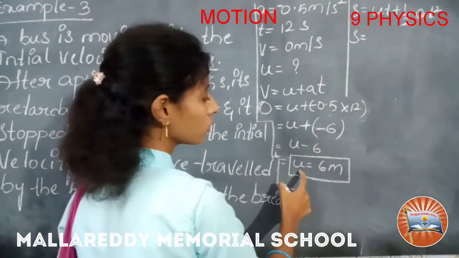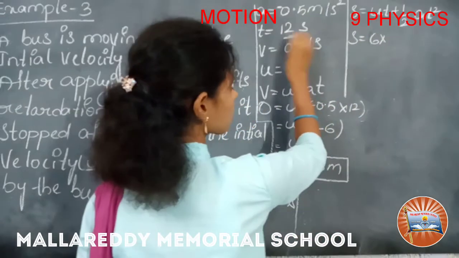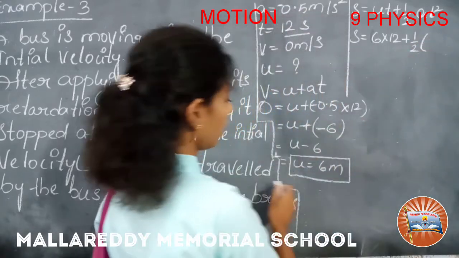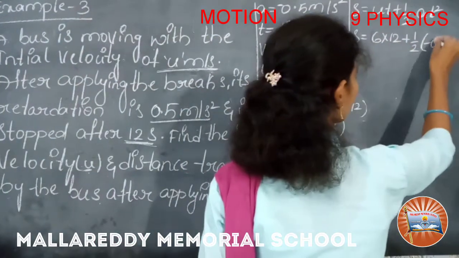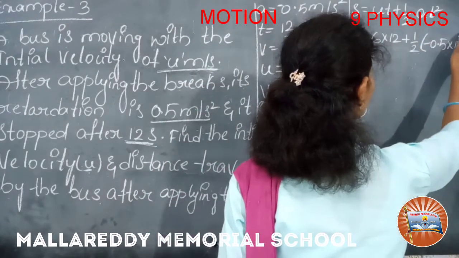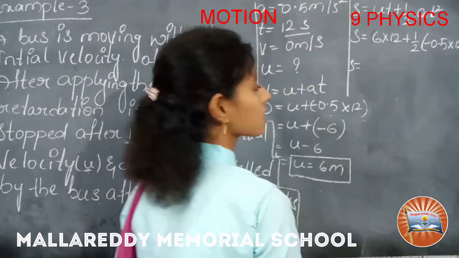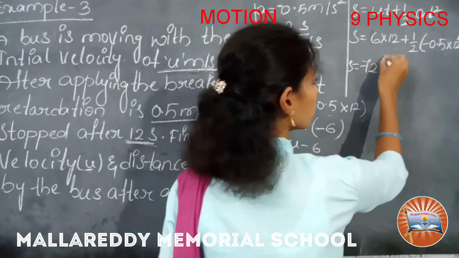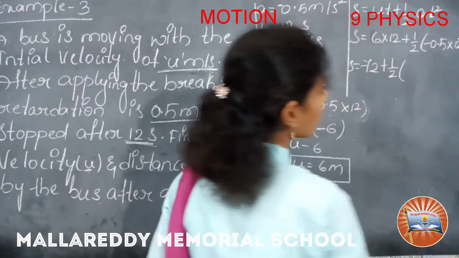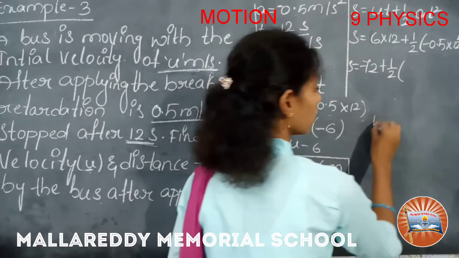So we got u is equals to 6 into t is 12 plus half, a value is minus 0.5 into t is 12 square.